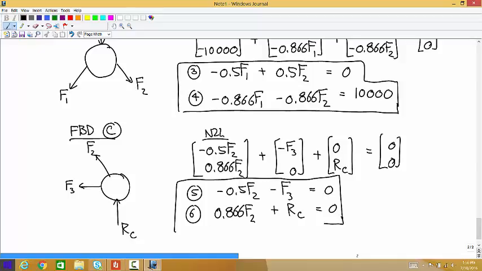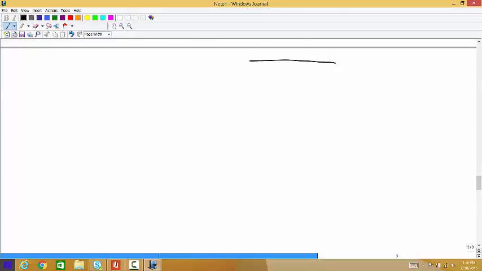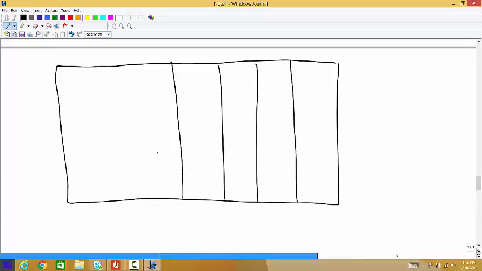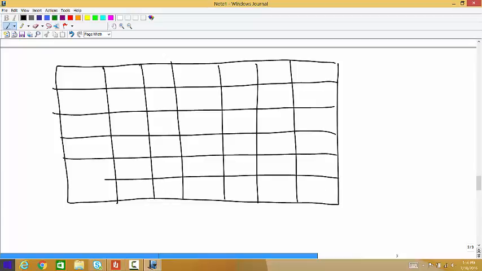And now we have 6 variables and 6 equations. So equation 1, 2, 3, 4, 5, 6, and the variables are F1, F2, F3, RAX, RAY, and RC.